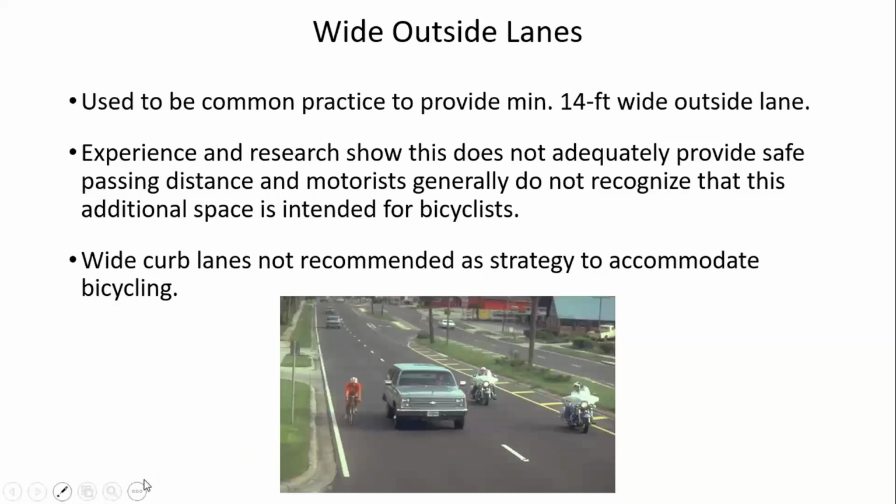So as I say in the last bullet, the current thinking is the wide curb lanes are not recommended as a strategy to accommodate bicycling. And as I mentioned on a previous slide a few minutes ago, if you have lanes 15 feet or wider, it's probably preferable to install a bike lane rather than the wide lane concept.